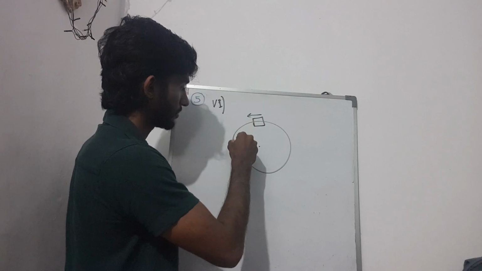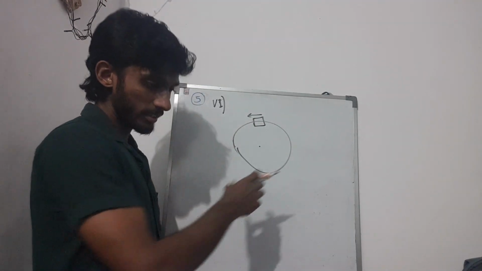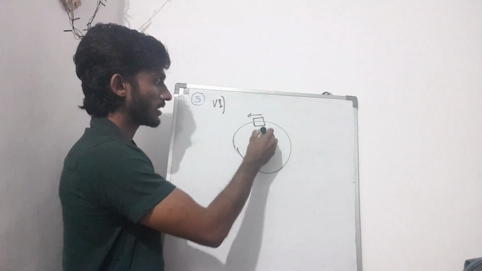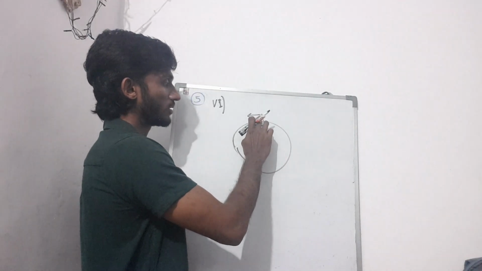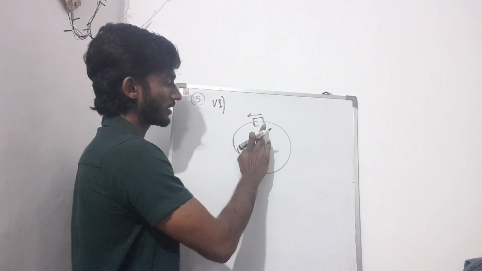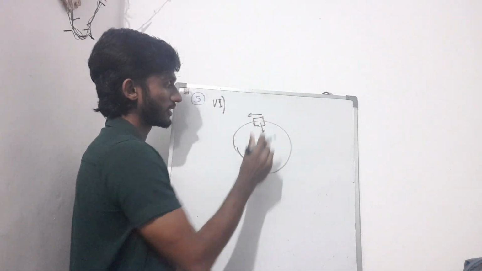When some object is going in a circular path, some force should apply in the central direction.